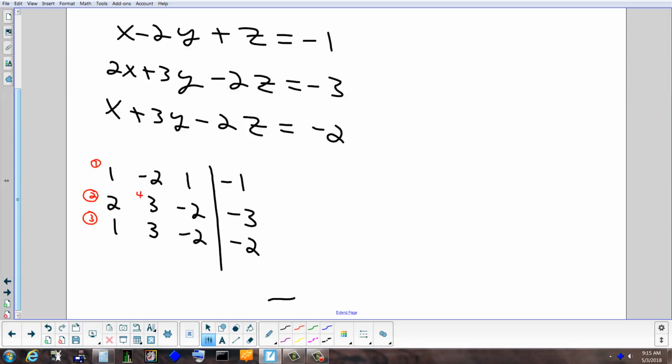The fourth thing we're going to do is get a 1 there. Then we're going to get a 0 there. Okay, I'm not going to write those little numbers circled each time, but those are the numbers we're going to tackle in that order. A 1, a 0, a 0, a 1, and a 0. And if we're really going to finish it out fully, the sixth thing would be to get a 1 right there.